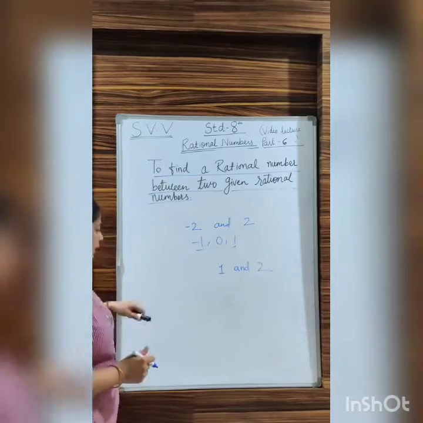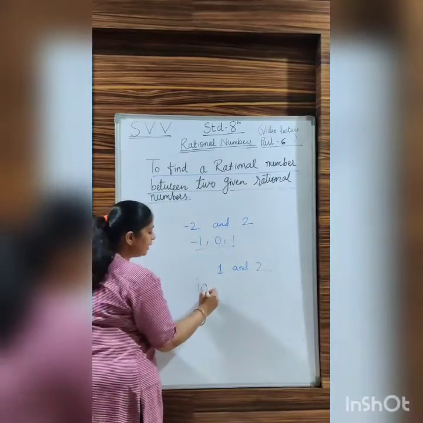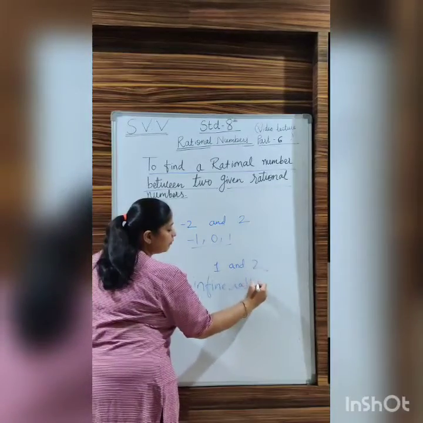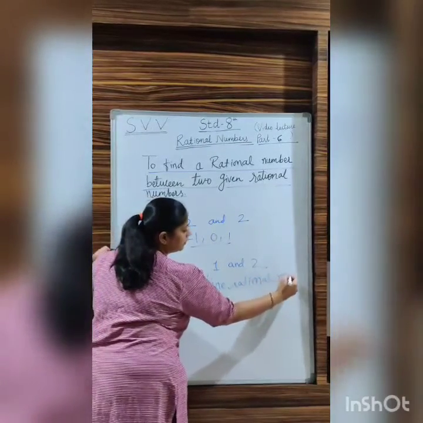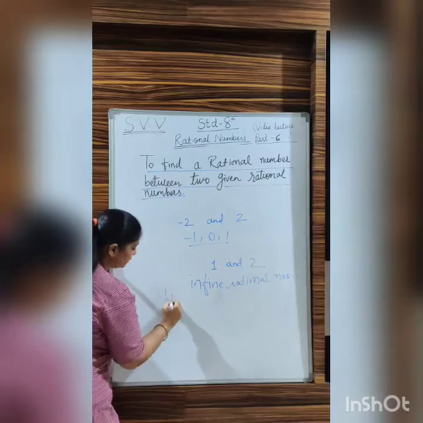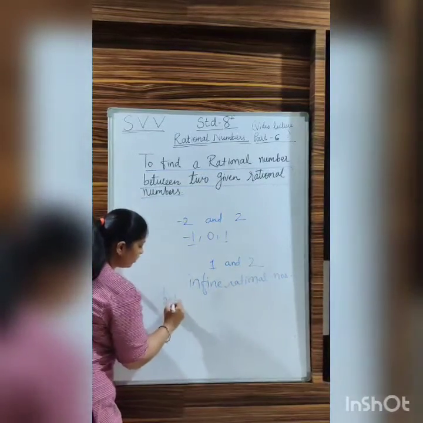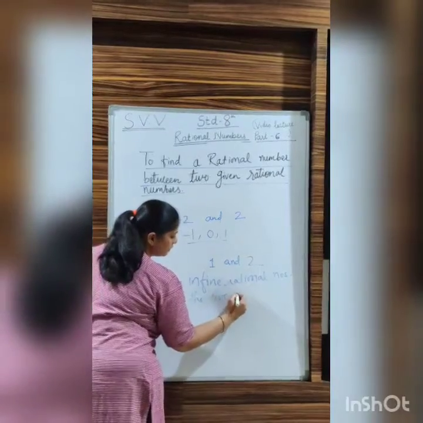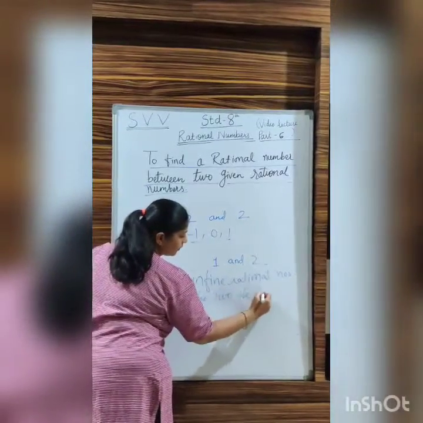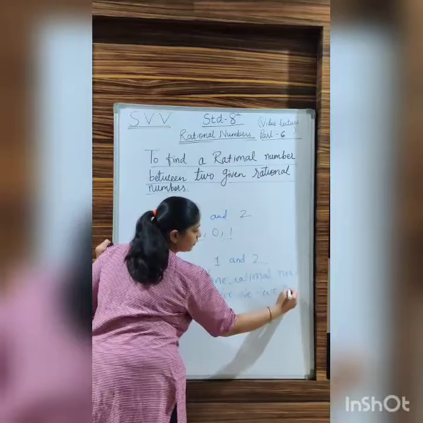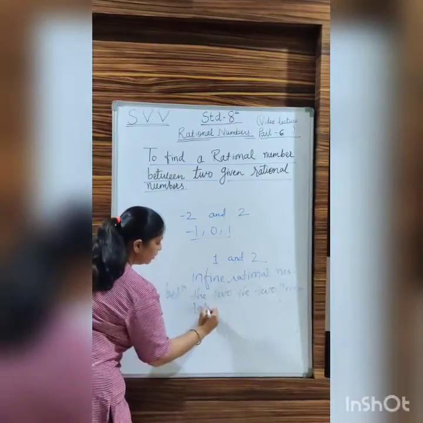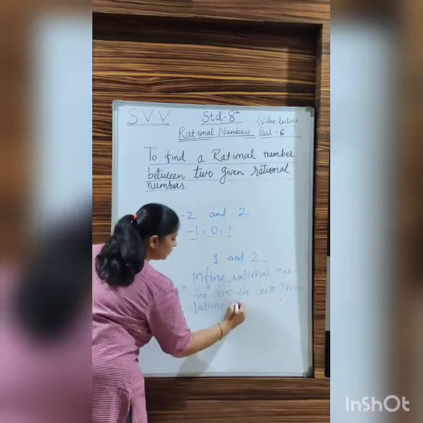But we have learned that there are infinite rational numbers between two given rational numbers.